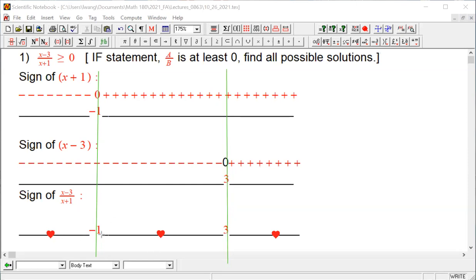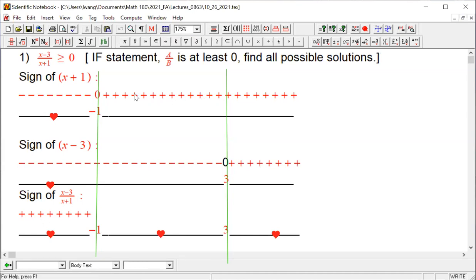When we pick a number less than -1, we're dealing with a negative divided by a negative, right? X minus 3 is negative here, because you pick the same number there. Negative divided by negative, what do we get? We get positive.